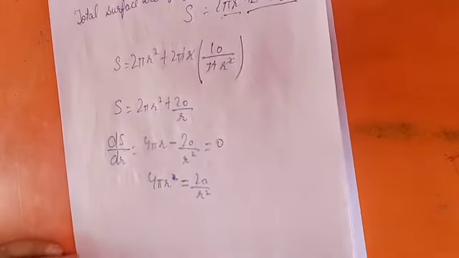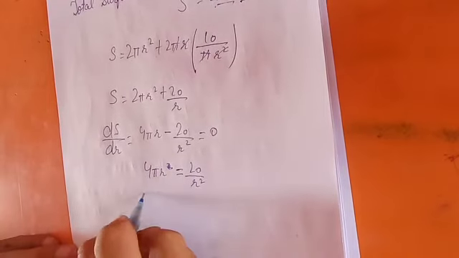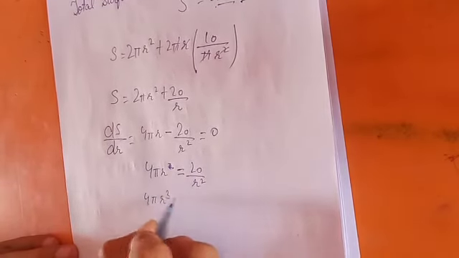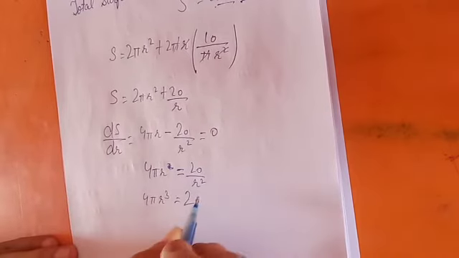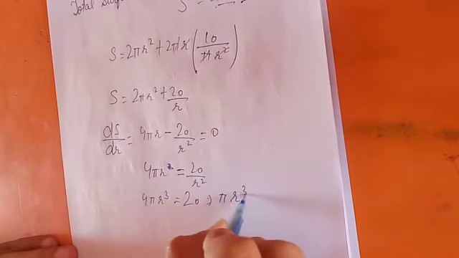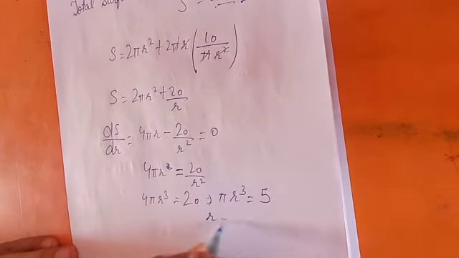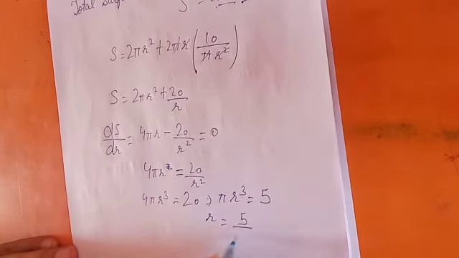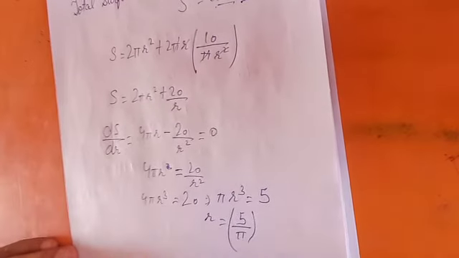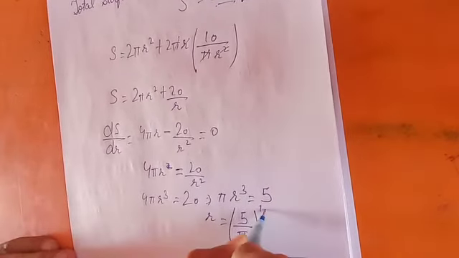So 4 pi r cube is equal to 20, and pi r cube is equal to 5. So the value of r will be 5 by pi whole raised to power 1 by 3.